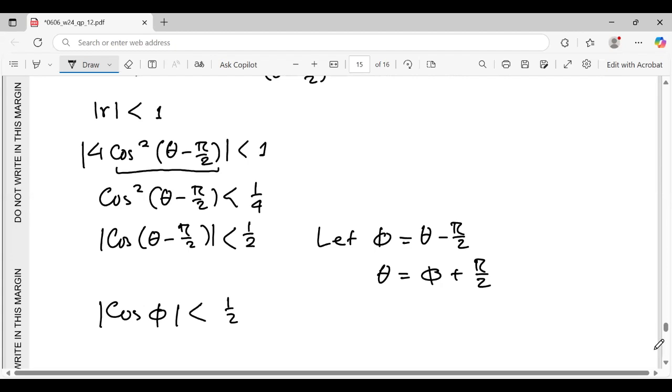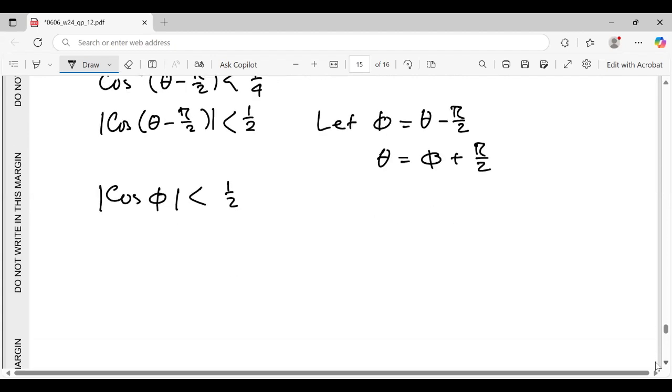If you compare with the cosine graph, I would like to draw the sine graph. y equals x. This one, the maximum is 1 and the minimum is minus 1. And cosine, this is 1/2 pi, and this is pi.